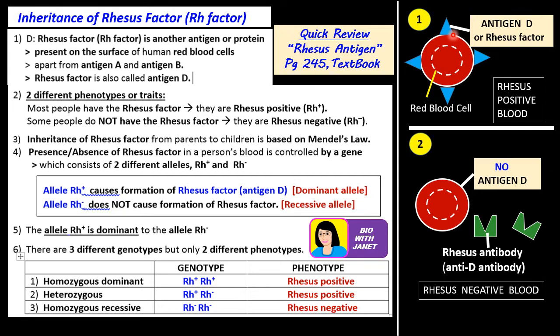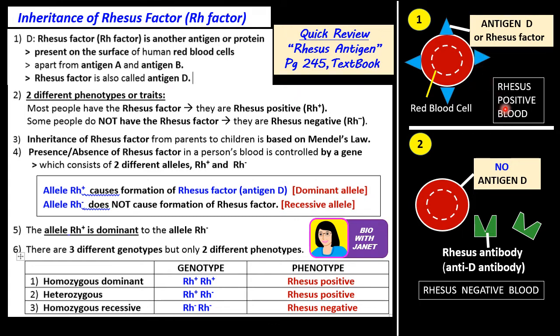And what is the rhesus factor? It's just a protein found on some people's red blood cells, not all. Okay, naturally found on some people's red blood cells. So if a person is found to have this antigen D or rhesus factor or this protein, then he is said to be rhesus positive.